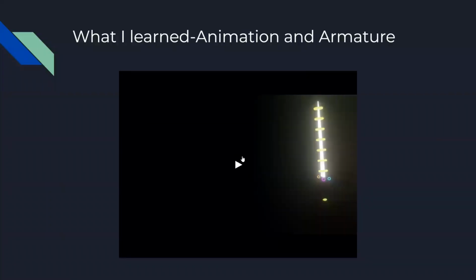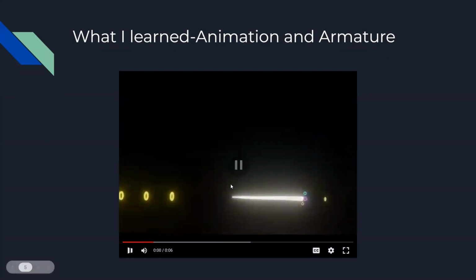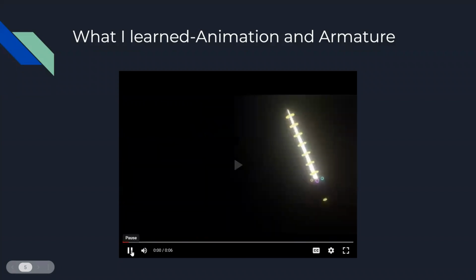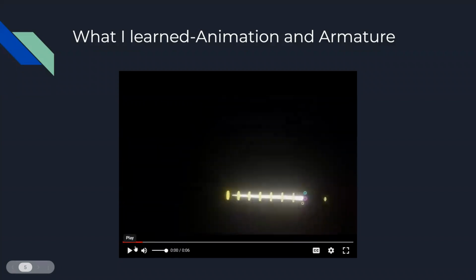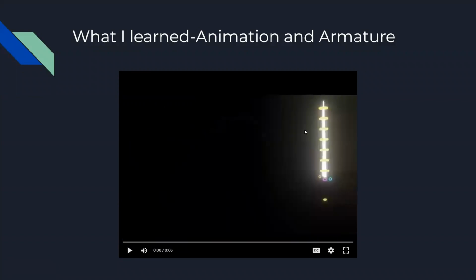And for this animation and armature, basically this sword here, I made this cool animation. I had to model this first, of course, using some lighting emission and coloring, different kinds of lighting.